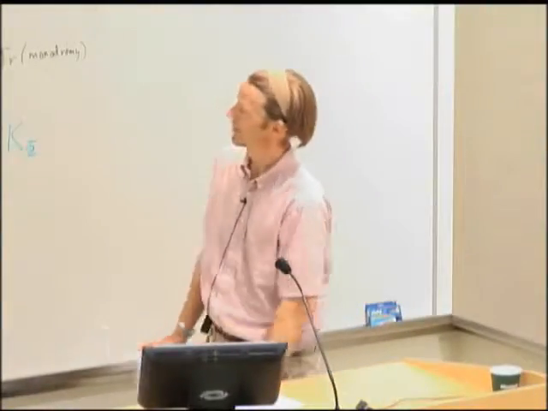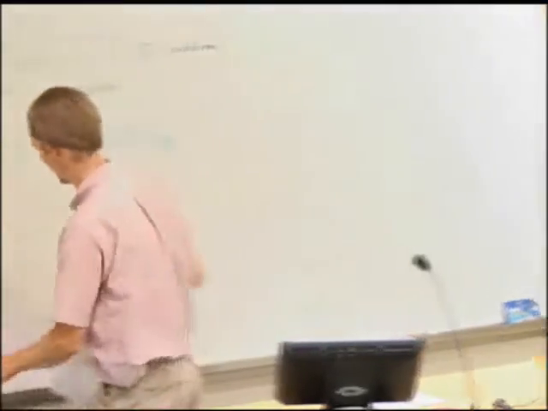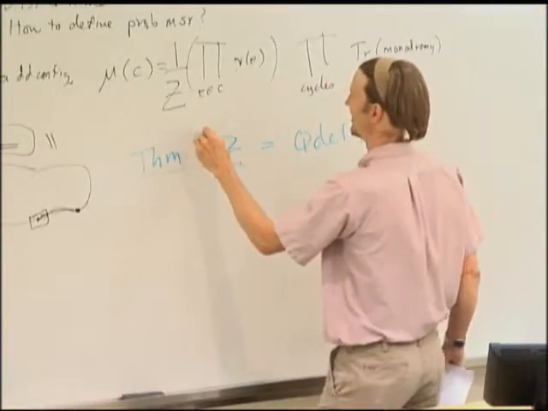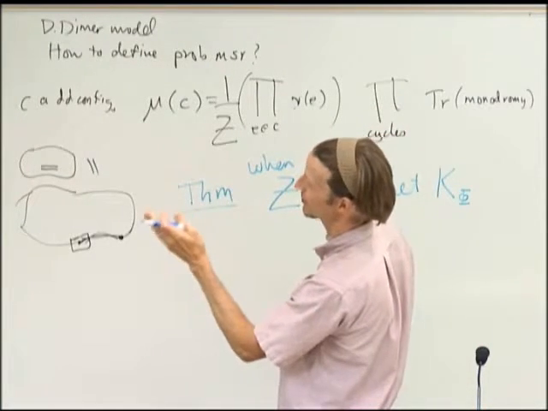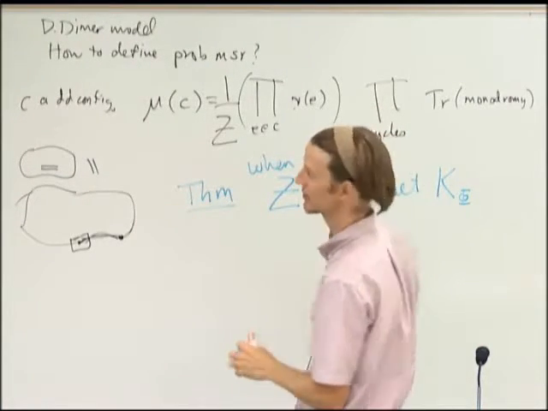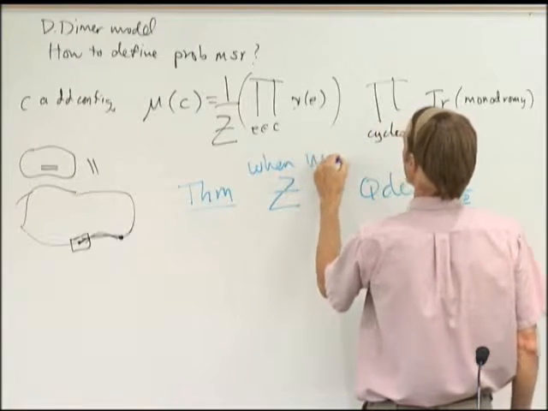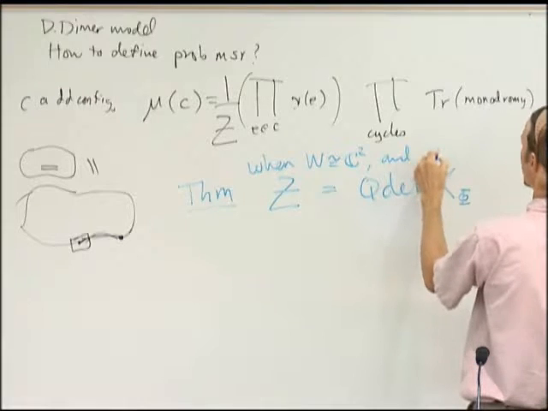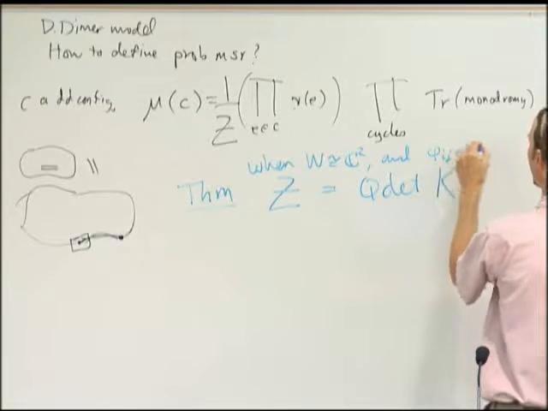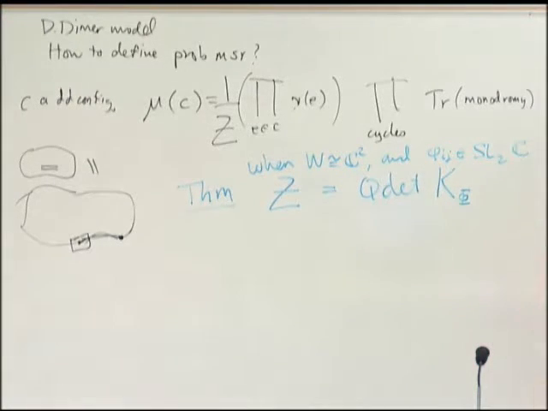Let's not forget the hypothesis: when we have a rank 2 bundle, so W is of dimension 2, and all the phis are in SL2C, so determinant 1.